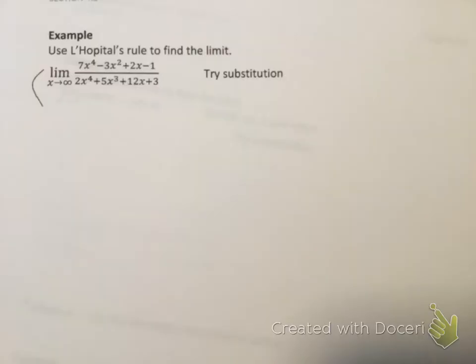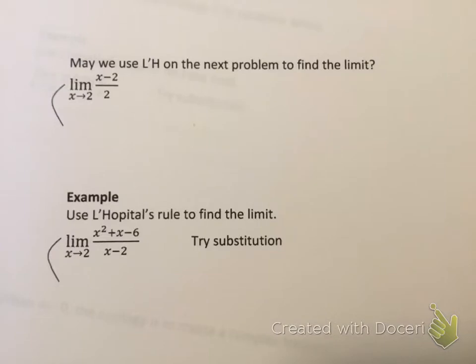All right, so, well, look at that. I didn't mean to do one quite like it, but forget L'Hopital's rule. If I find the horizontal asymptote, my answer is going to be 7/2, and I am done. I don't need to do it the other way. So we'll keep going.